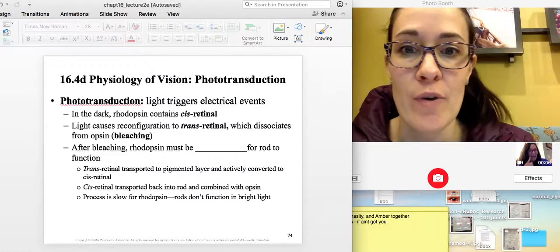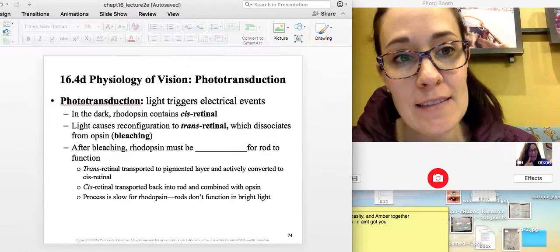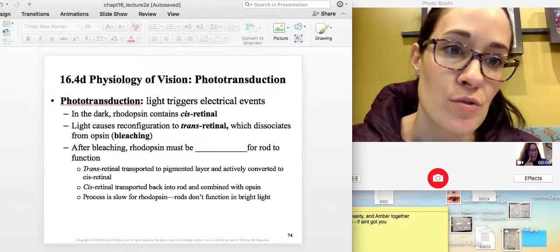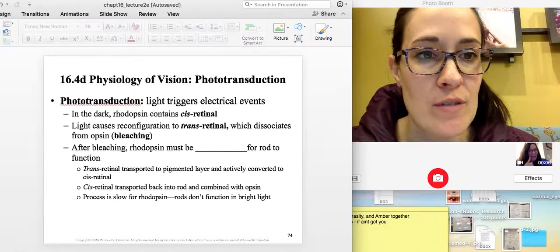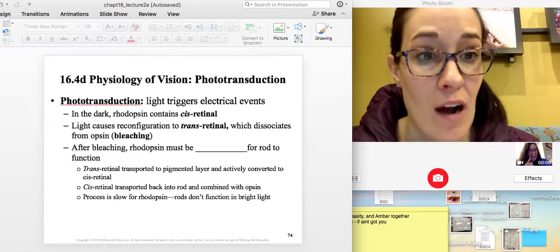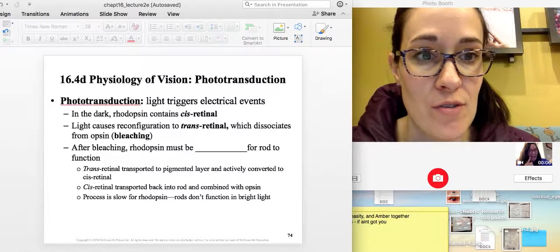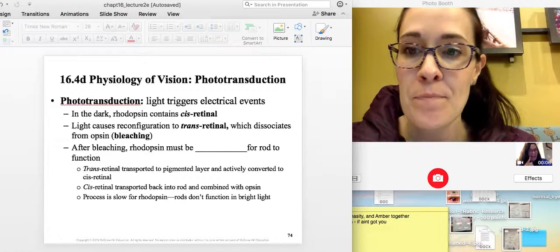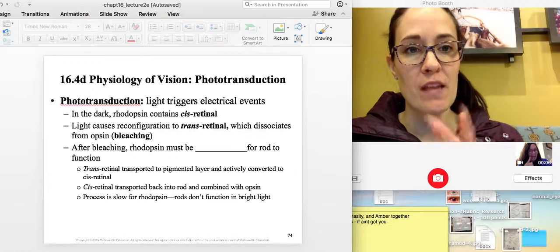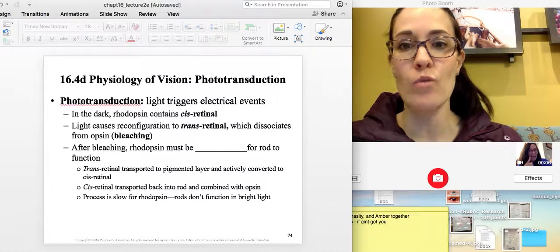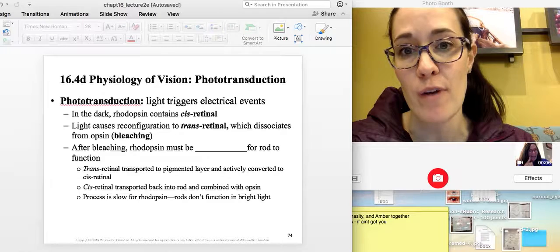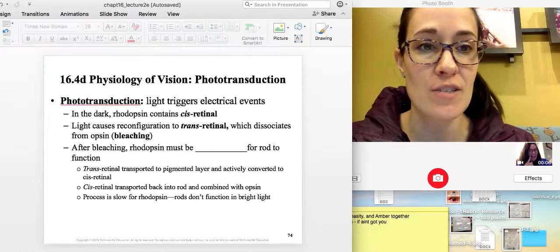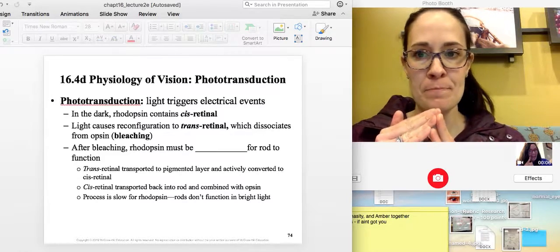Phototransduction is a fancy word for the light energy being converted to electrical energy. I'm only going to talk about how this happens in the rods, in rhodopsin, but it also happens in the cones. So in the dark, rhodopsin contains a certain form of retinol called cis-retinol, and it's kinked.